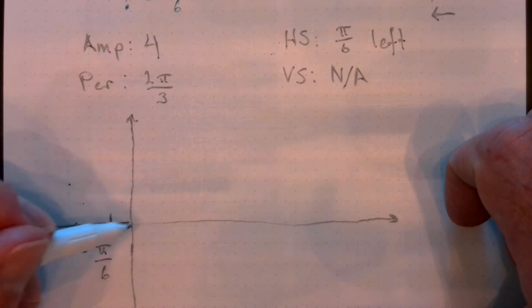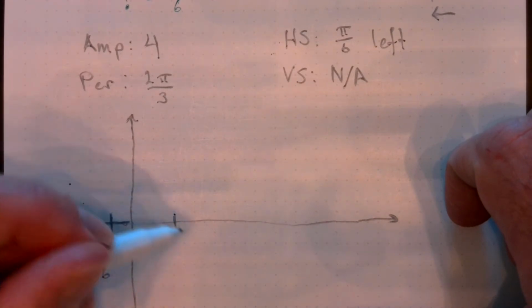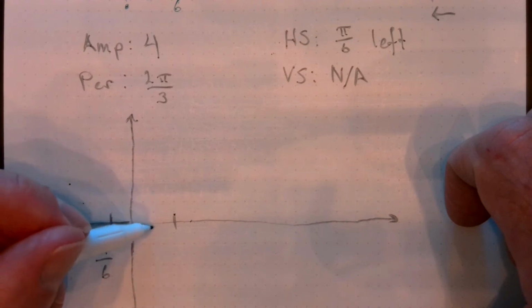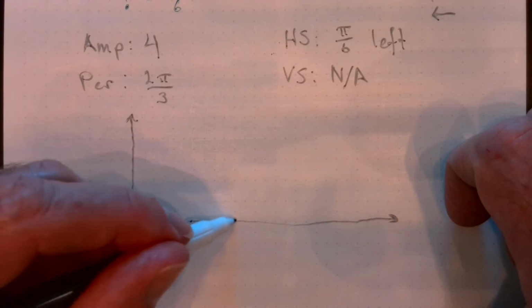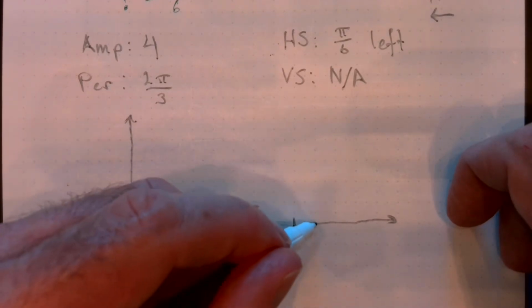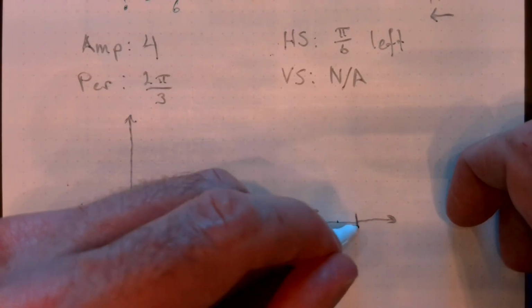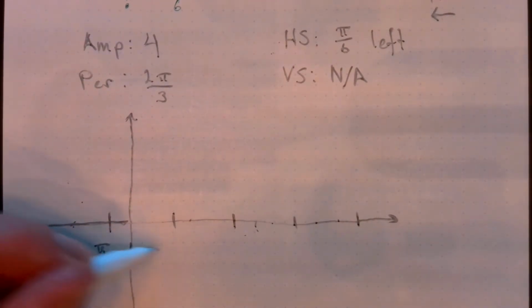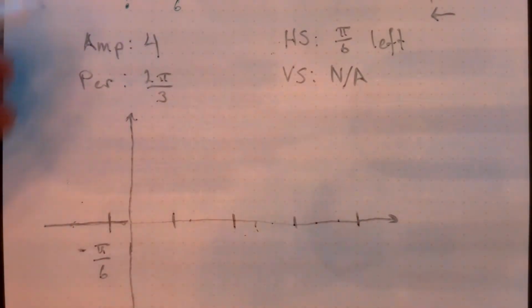As always, we're going to divide that into 1, 2, 3, 4 pieces. Okay, we always divide the period into 1, 2, 3, 4 equal parts.